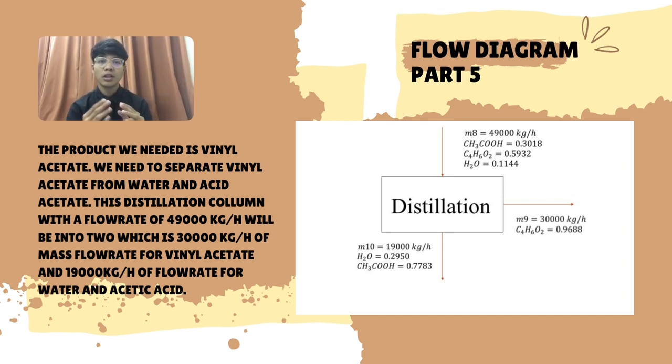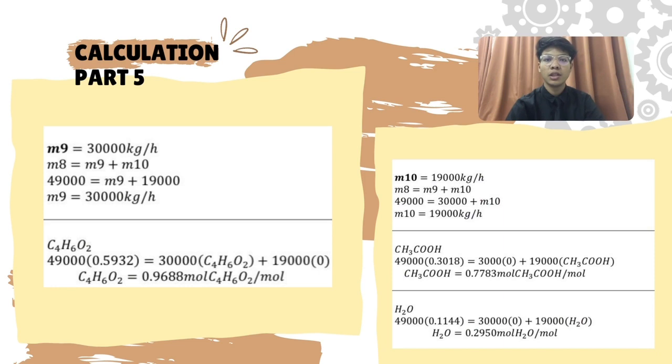For the M10 stream, there will be 19,000 kg per hour for the flow rate, and the fraction of water is 0.2950, and for acetic acid is 0.7783.